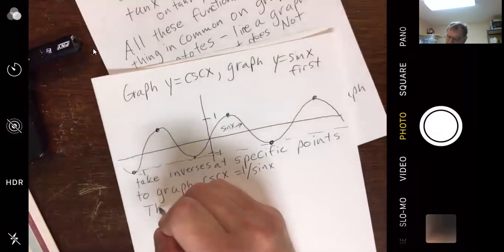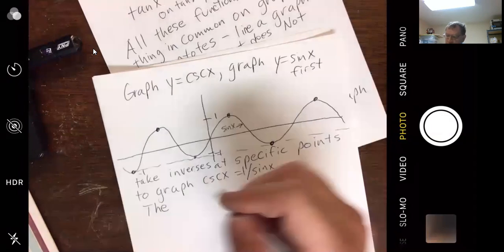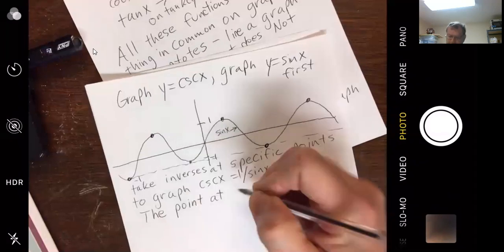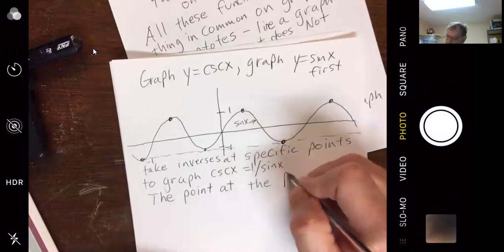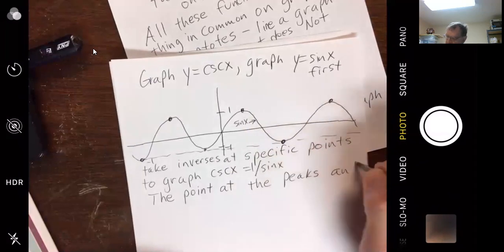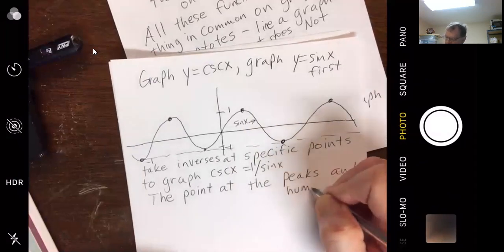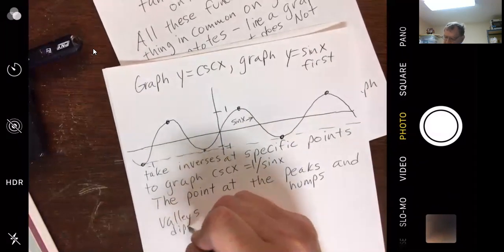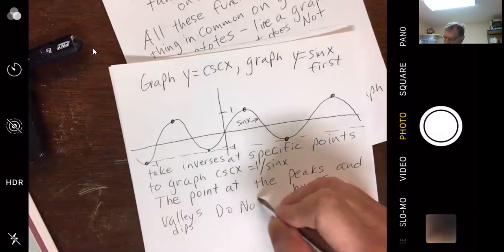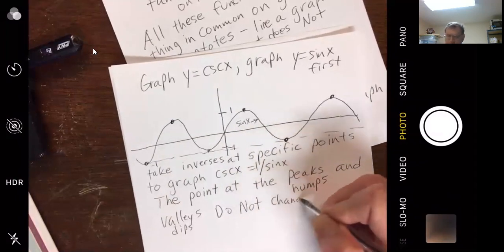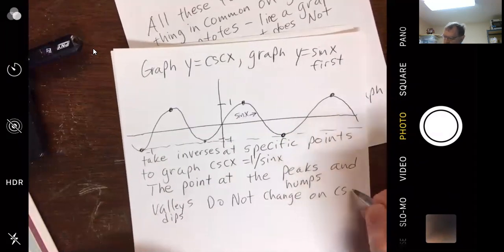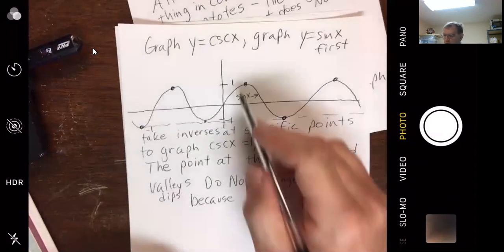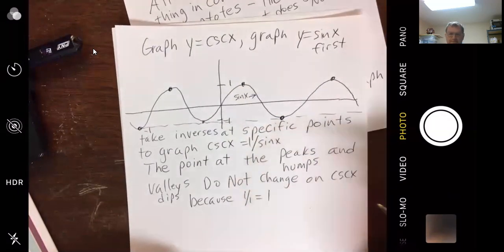The points at the peaks, or you call them the humps, and valleys, dips, do not change on the cosecant, because you're at 1, and 1 over 1 equals 1.